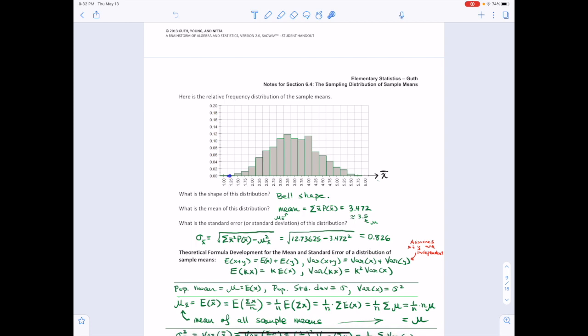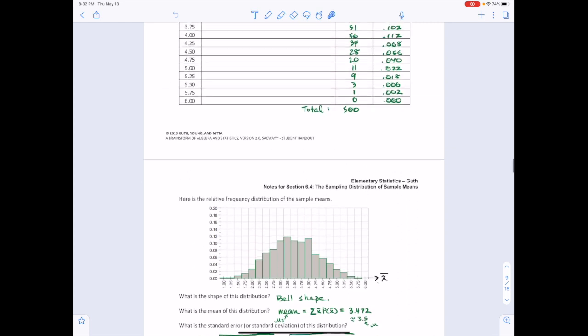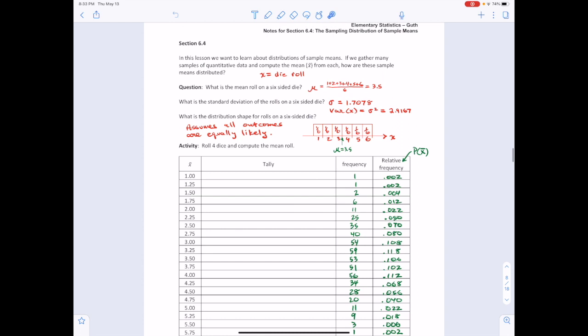That generally guarantees a bell-shaped distribution, as long as your population is not too weird. In this case, the population we were sampling from were rolls of dice, and every roll is equally probable. They all have a 1/6 probability, as long as your die is fair.